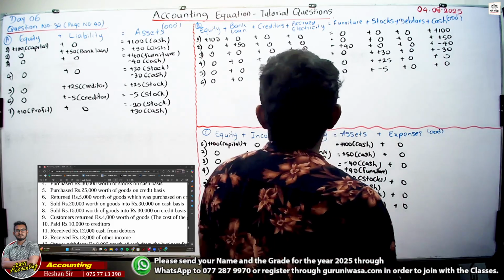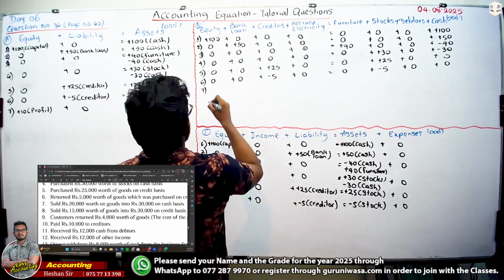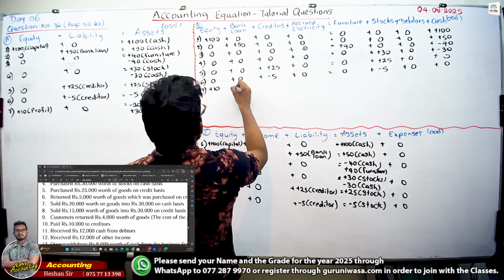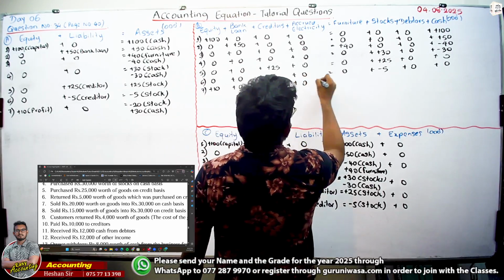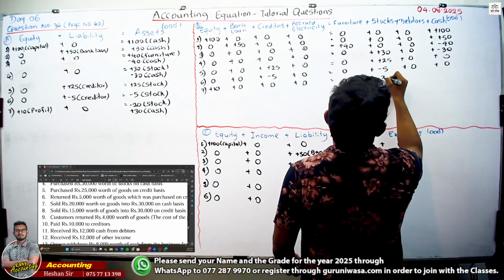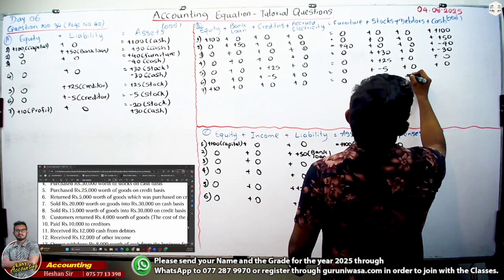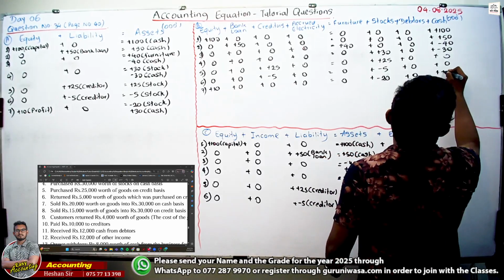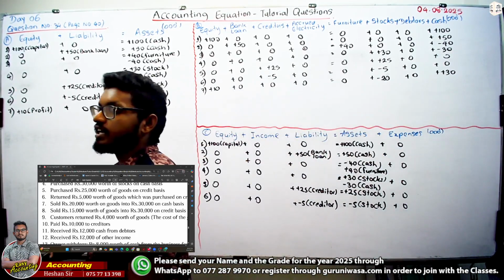In here, number seven, there's a 10,000 profit. Stock asset decrease 20,000, we sold it for 30,000 cash. When you come to here, you need to be careful.